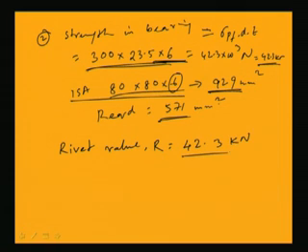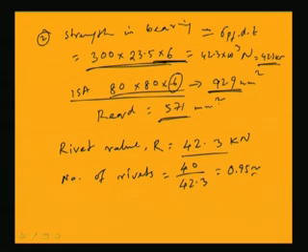Okay. So, the number of rivets required: total load was 40 kilonewton and rivet value is 42.3, that is equal to 0.95, that means at least one rivet will be required. So, number of rivet required is 1.